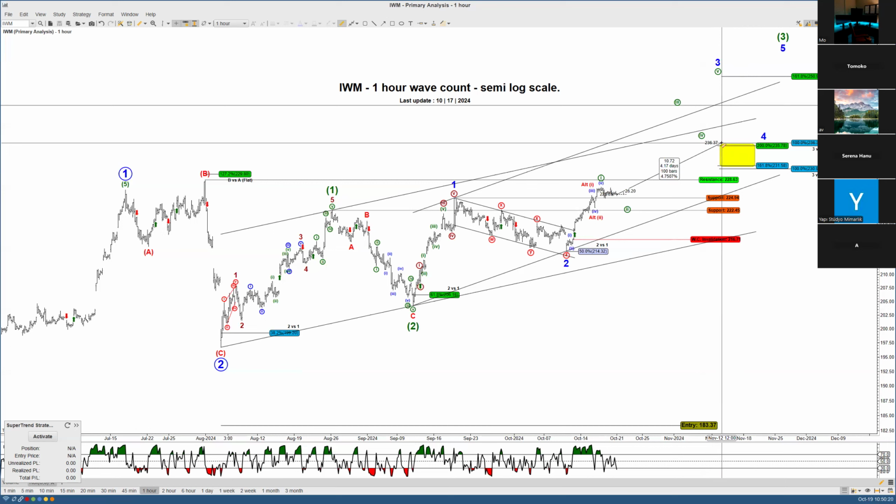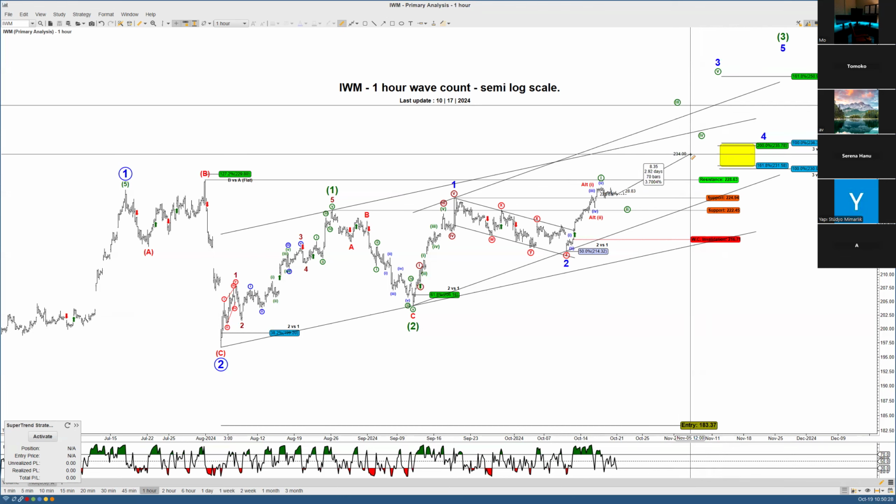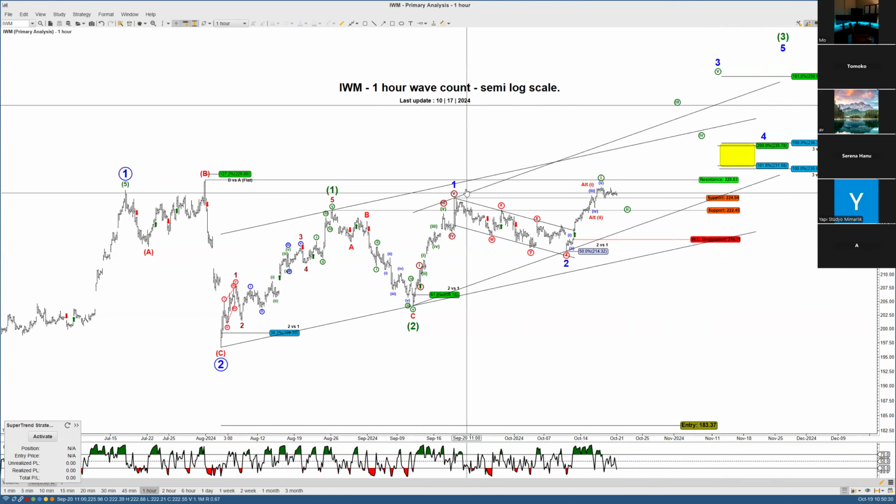That's a pretty good healthy upside to get to 236. So there's room, but we need to satisfy this wave count. Channeling has room. Need to break this high to get to 230. This is only 2 points. We need to make a higher high. We don't want to crack this low.